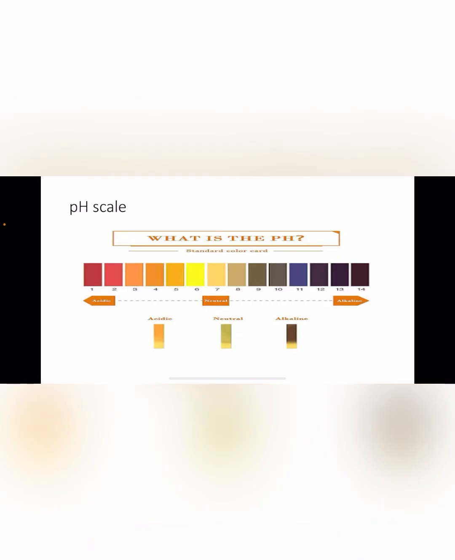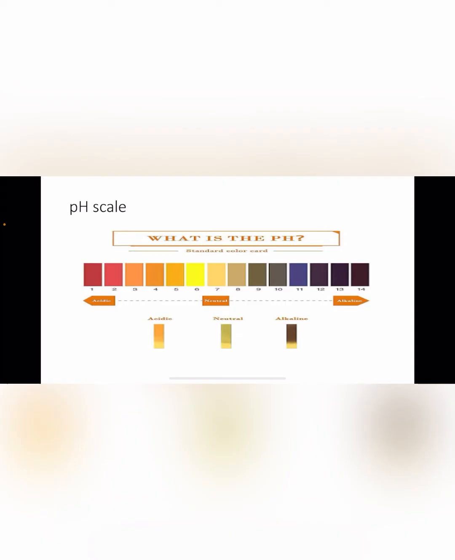The pH scale is the most common and trusted way to measure how acidic or basic a substance is. A pH measure can vary from 0 to 14. As you can see in the picture, it starts from 1 to 14.